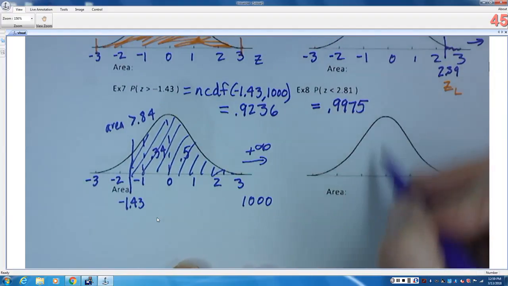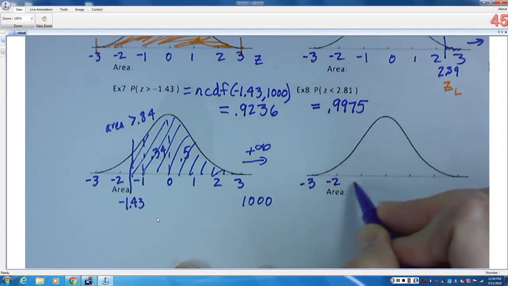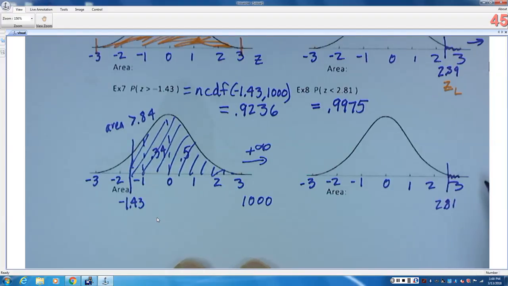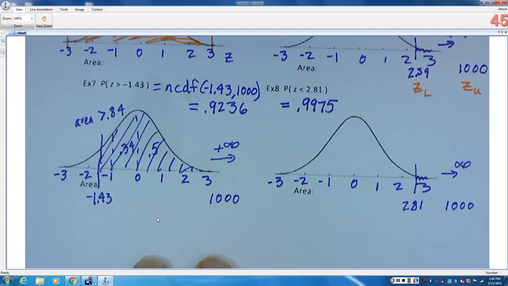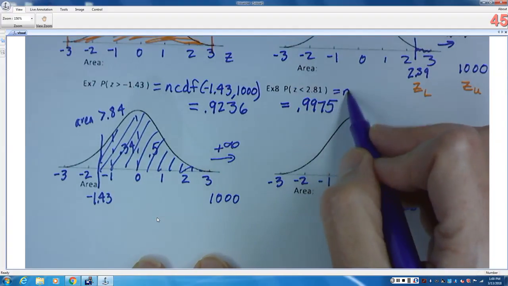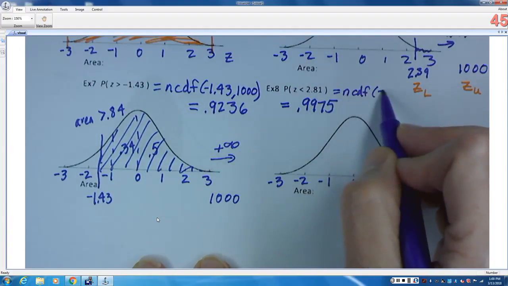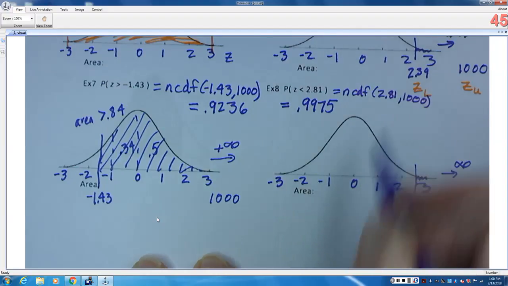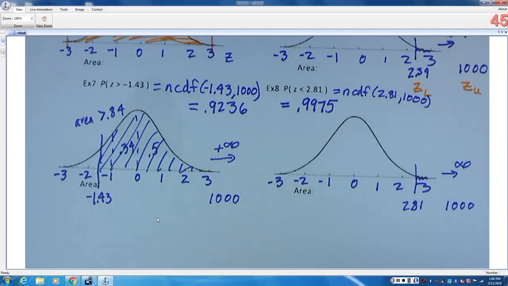Greater than 2.81, gosh, it's this tiny area, goes to positive infinity, 1,000. So it's normal CDF, 2.81 to 1,000. Oh, you're right.